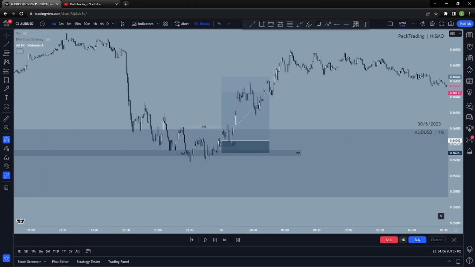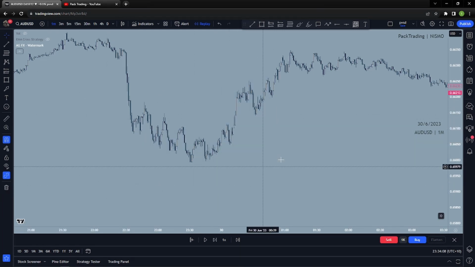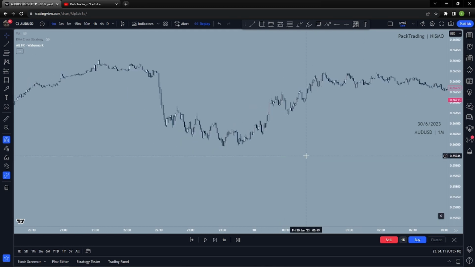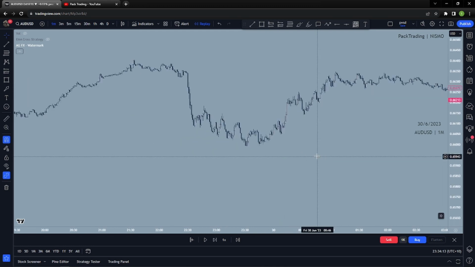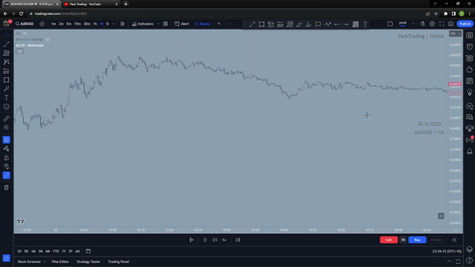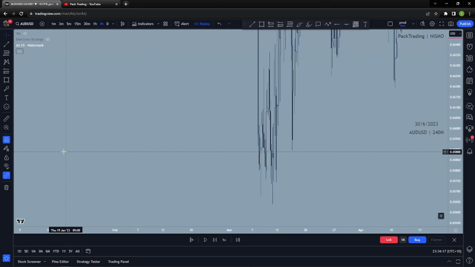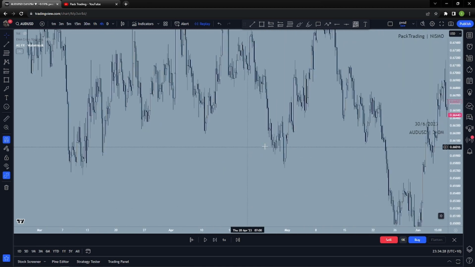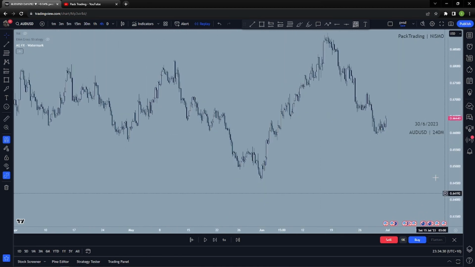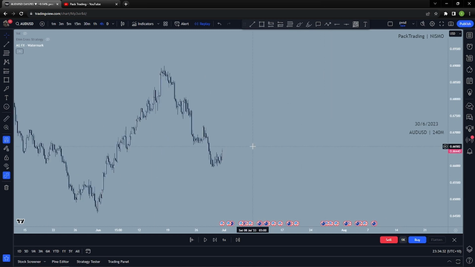So I hope you guys understood the basics of multi-time frame structure. But now I wanted to go through more stuff with you guys. So typically we want all time frames to be aligned. You know what I mean? We want them all to be aligned. So if 4 hours is bullish, we want 15 minutes to be bullish.